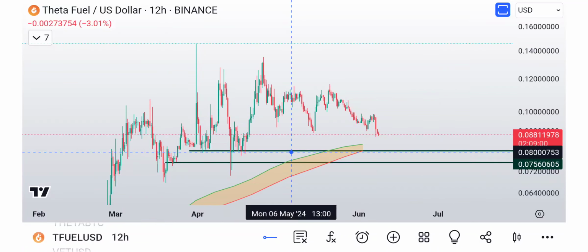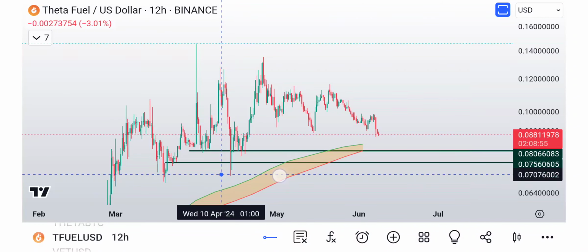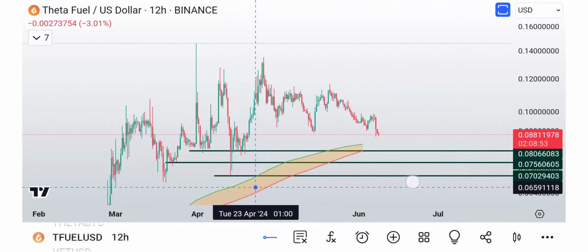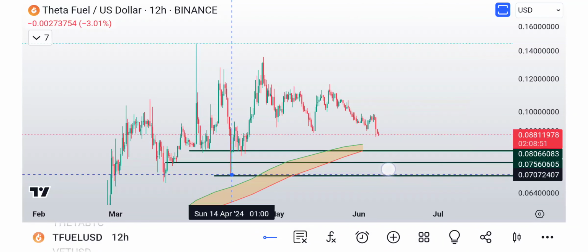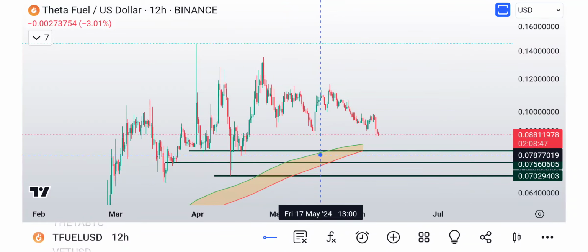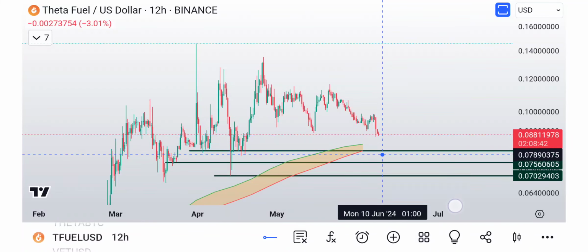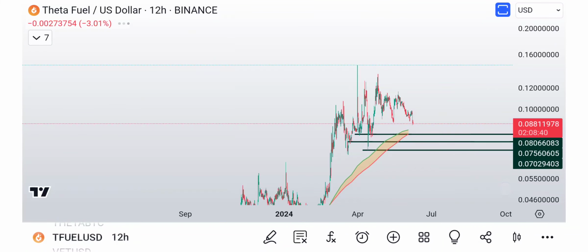As long as we hold that zone, I say we're still very bullish, because we don't want to break below this wave 1 here, which is right at 7 cents. As long as we stay above that, we have plenty of wiggle room to the upside.